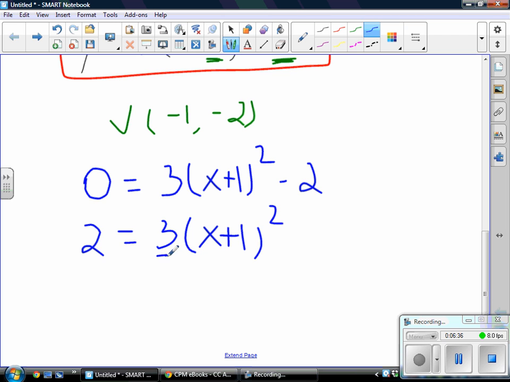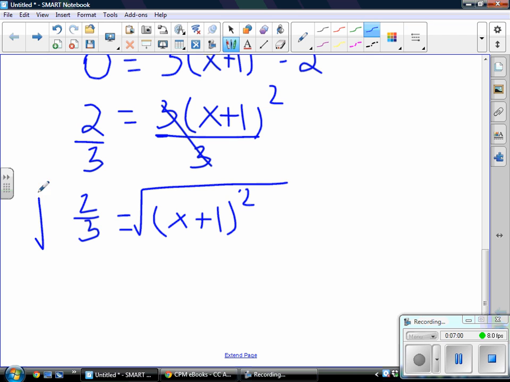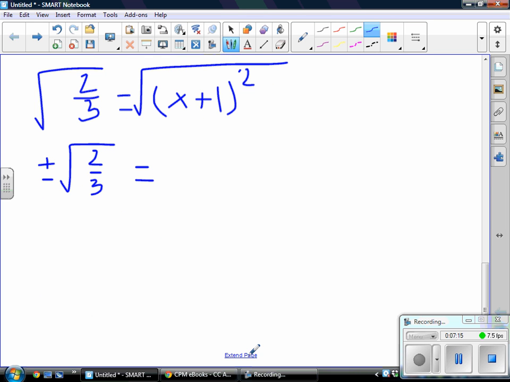I'm going to divide everything by 3, so I have 2/3 equals x plus 1 squared. Now to get rid of my squared, I'm going to undo this squaring by taking the square root of both sides. So I have the square root of 2/3, which you can figure out in your calculator. And remember, it's going to be plus or minus, because I need 2 answers here. The squared and square root cancel each other out, so I have x plus 1 left over.